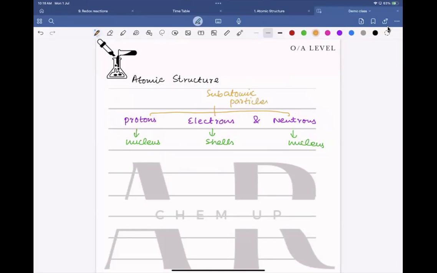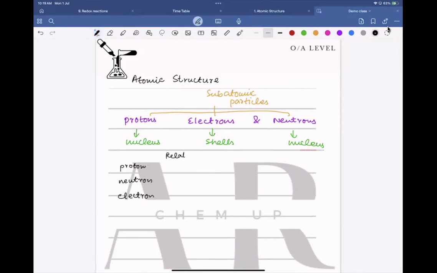Okay. Now, the charge we talk about is basically their relative charge or their relative mass. For example, we have these three particles. One is proton, second one is neutron, and third one is electron, right?